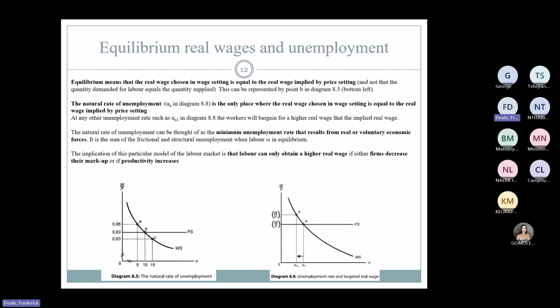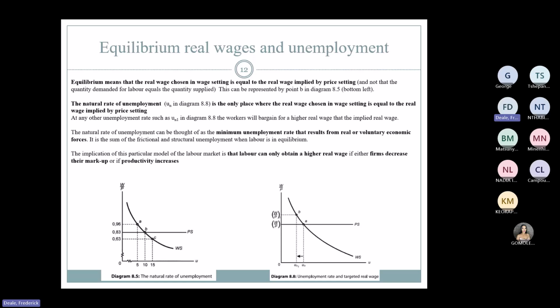Maybe the labor is not skilled enough, and certain people are just between jobs, or trying to improve themselves, even though that shouldn't be picked up by unemployment. That's really where the natural rate of unemployment sits. So I think the next thing to think about as well is, what's the implication of this particular model, right?